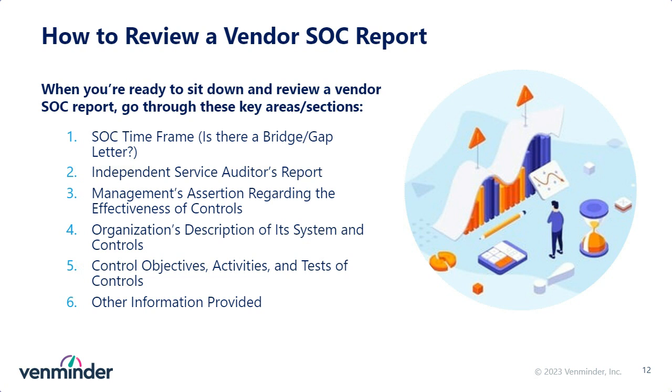Then you want to read through the service auditor's report and then the management's assertion. Make sure you're familiar with the organization's description of its systems and controls, that's Section 3. And then control objectives, activities, and tests of controls, which is Section 4. And then I always do recommend that you look at Section 5, even though it's unaudited. The information in Section 5 can often be really helpful.